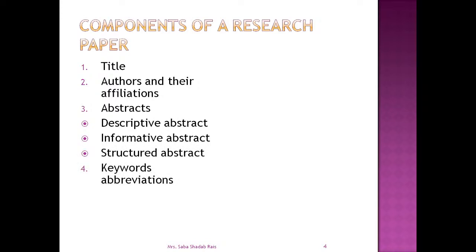Next most important thing is the keywords. See, the keyword is a very important second attracting thing. How many keywords should be used? The researcher must use 5 to 8 keywords. While writing the keywords, take care that they are written in lower case except abbreviations and proper names. And the keywords should be separated by semicolons, not commas.